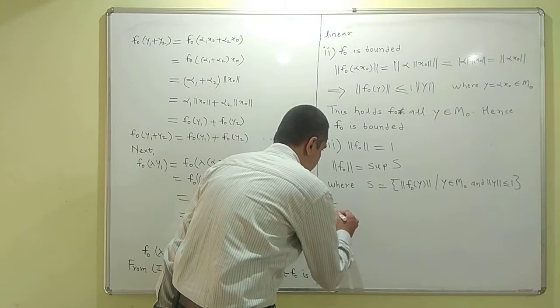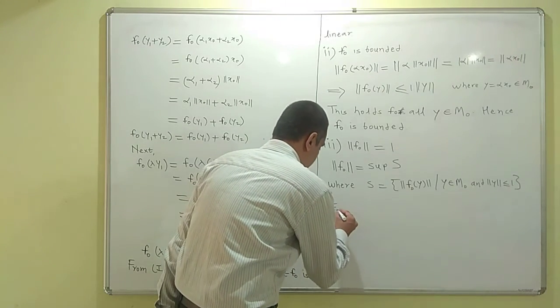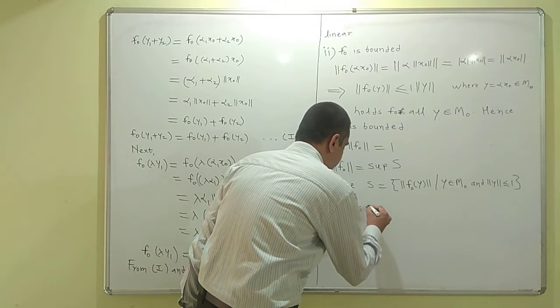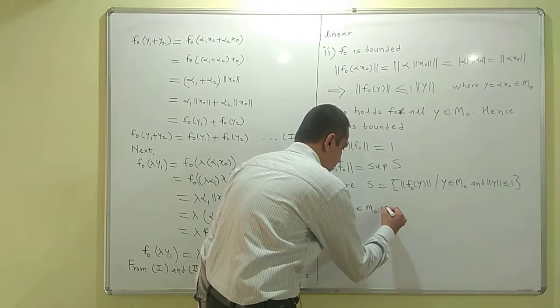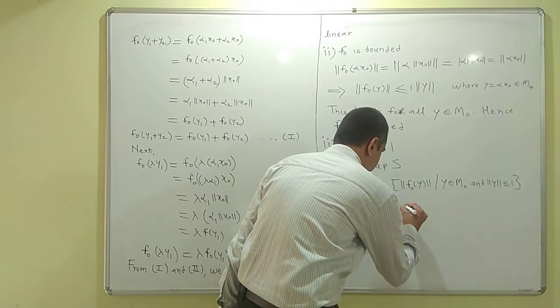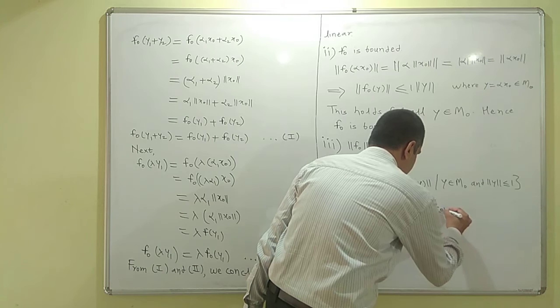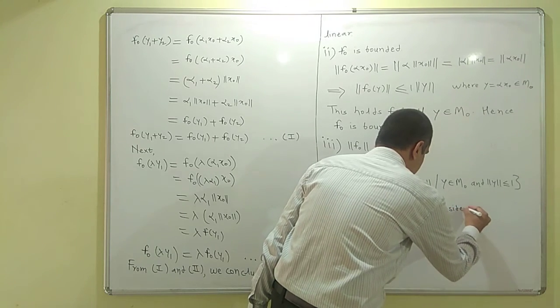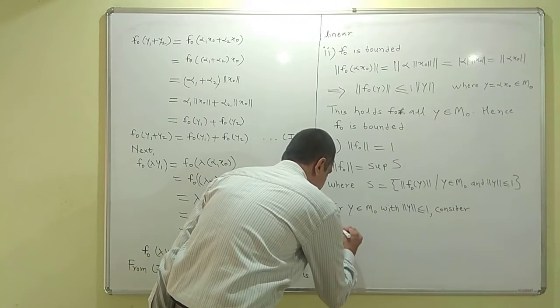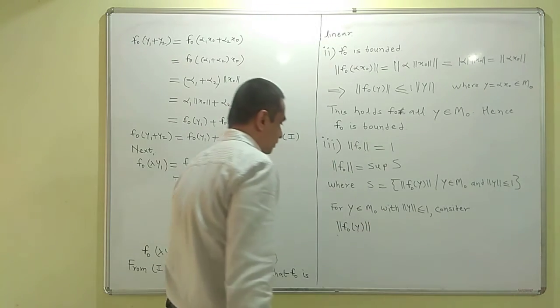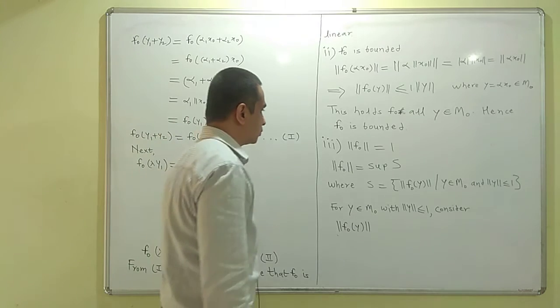For y belonging to M0 with norm of phi less than or equal to 1, consider norm of f0 y.